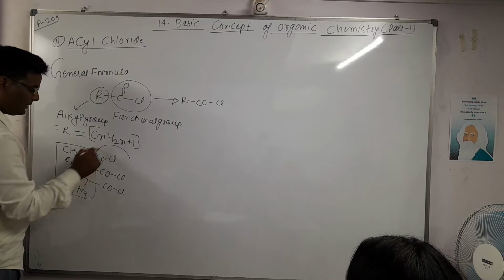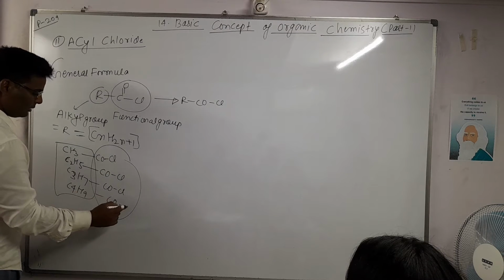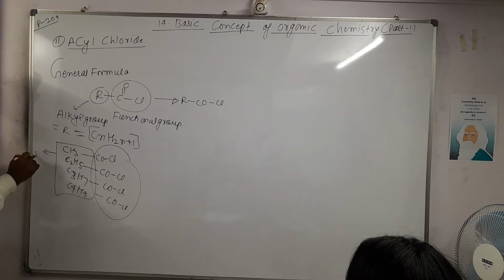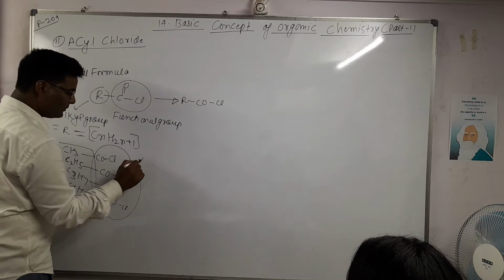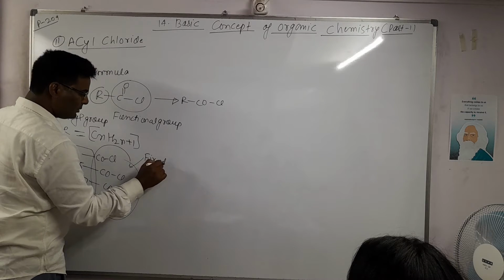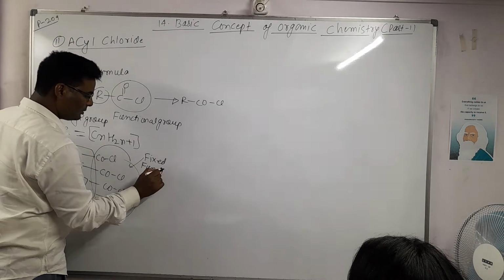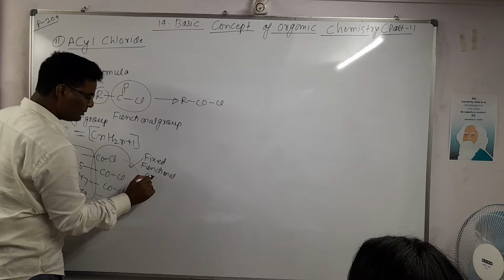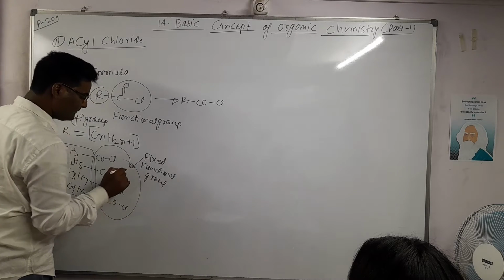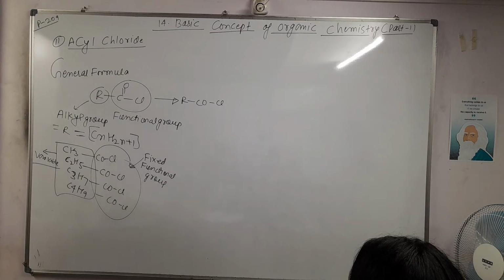So this is a repeated functional group, right? Only this one is different. So this one is variable, and this is your fixed functional group. समझा? हाँ सर. So write it down then.